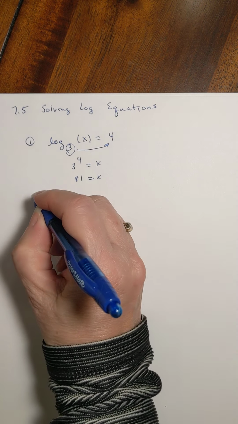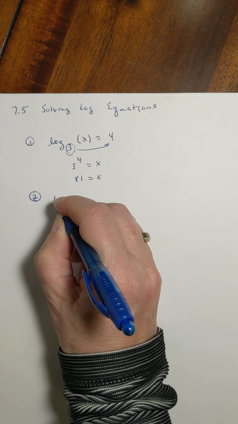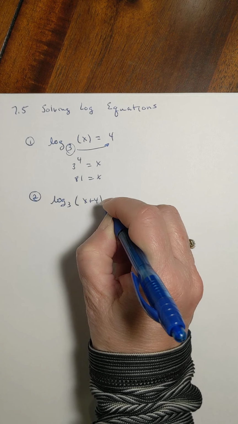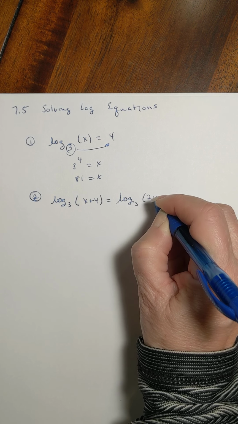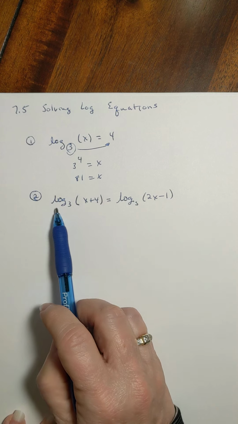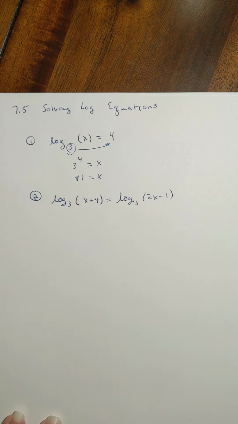Then you have the kind that's also fairly easy, where you have log to the base 3 of x plus 4 is equal to log to the base 3 of 2x minus 1. And so these are pretty easy too, because notice you have log to the base 3 of this is equal to log to the base 3 of this. So it's just like when you can scratch the bases, when the bases are the same and the things are equal.